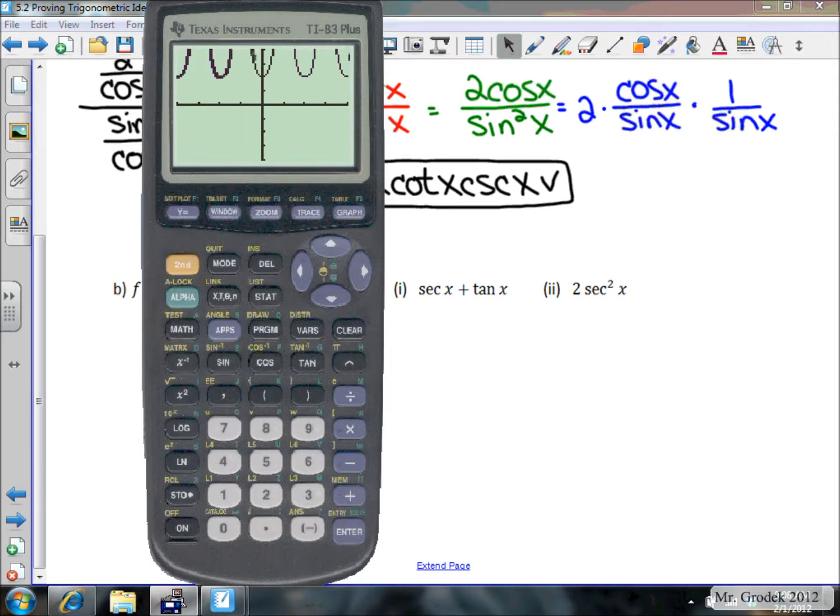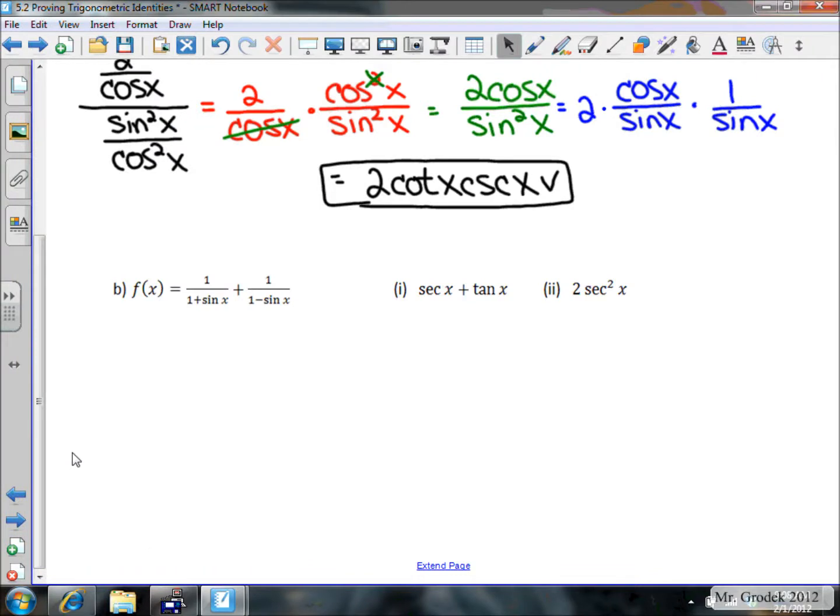As you can see, the graphs match, so that means 2 secant squared x is going to be the one we want to get to. So here's our option.